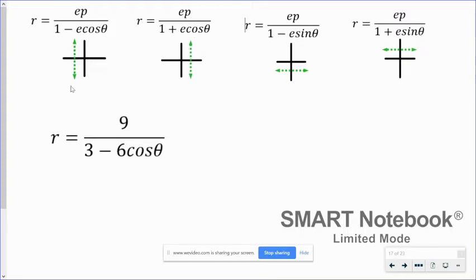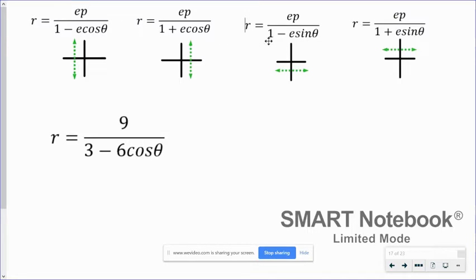If it's cosine, the directrix is moving horizontally. Positive, it's gone to the right. Negative, it's gone to the left. By extension of logic, sine implies that it's moved vertically, which means it runs horizontally. Positive sign is above, negative sign is below.